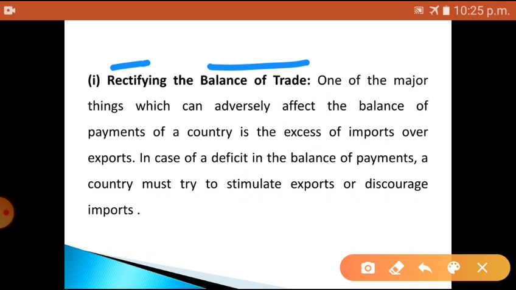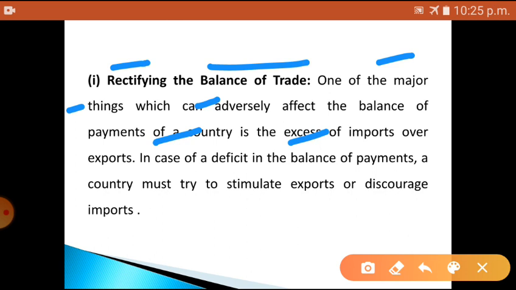One of the major things which can adversely affect the balance of payment is an excess of imports over exports.